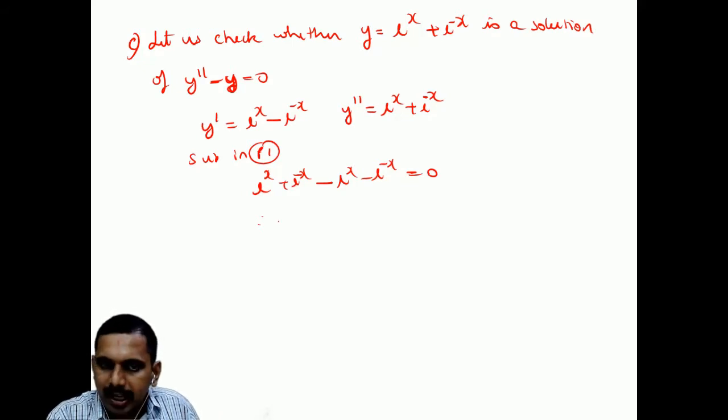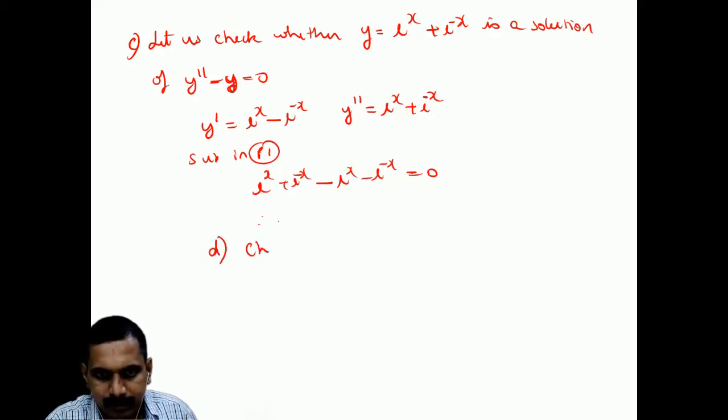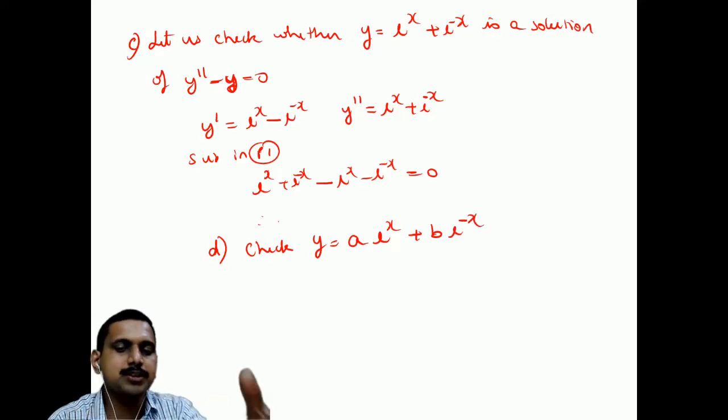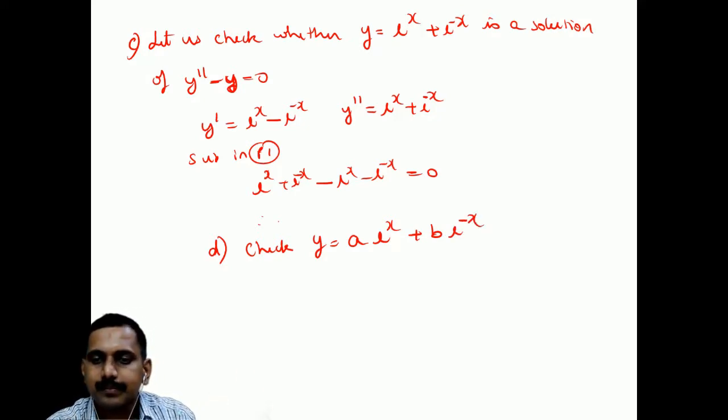Okay, let us do another example. This side you have to do. Check y is equal to a, any number a, into e power x, plus b, any number b, into e power minus x, whether it's a solution or not. Check it out, students.